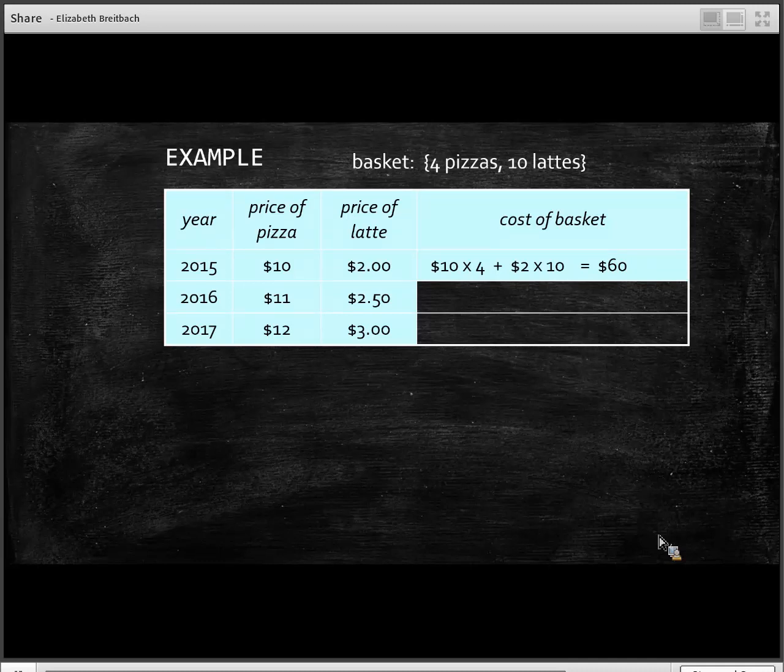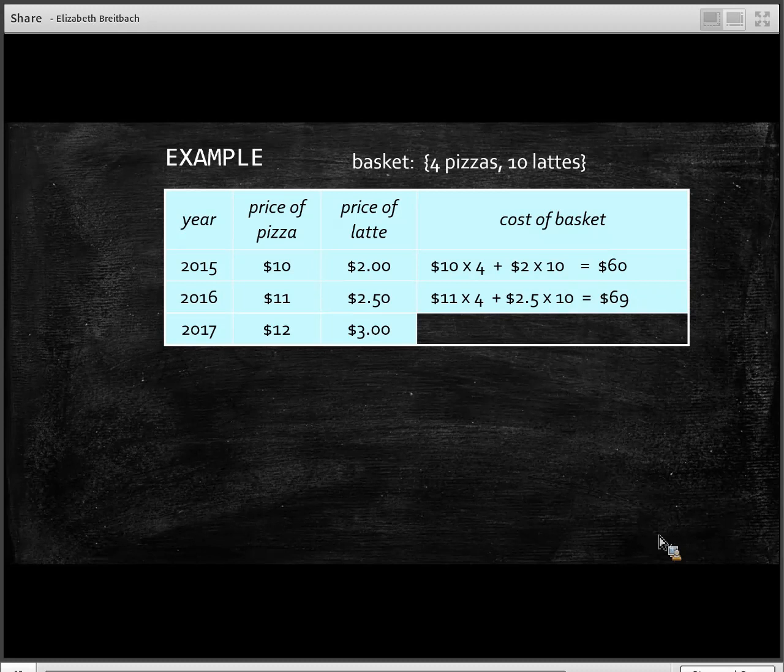In 2016, we purchased 4 pizzas at $11, so $44, and then 10 lattes at $2.50, so $25, to get us to $69. And then finally, 4 pizzas times the $12 a pizza in 2017, and 10 times the $3 in lattes, and we can see the cost of the basket in 2017 was $78.